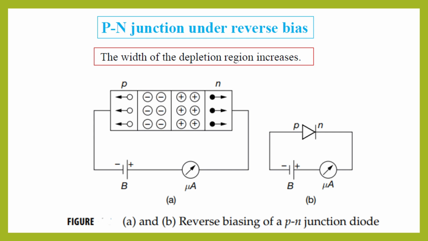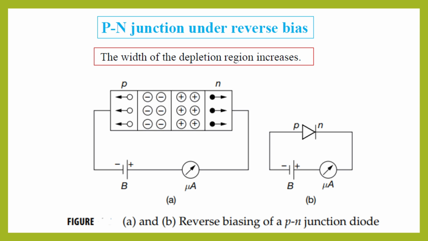This increases the depletion region width, so the passage of charge carriers in the circuit becomes very small. That's why in reverse bias we get current in microamps even though we apply higher voltages.